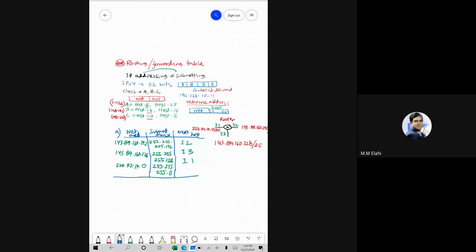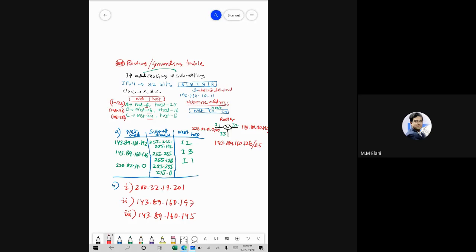Now the second part of the question is, see, there are some IP addresses given. First, the given IP address is 220.32.19.201. Then the second one given is 143.89.160.197, and then the third one given is 143.89.160.145.